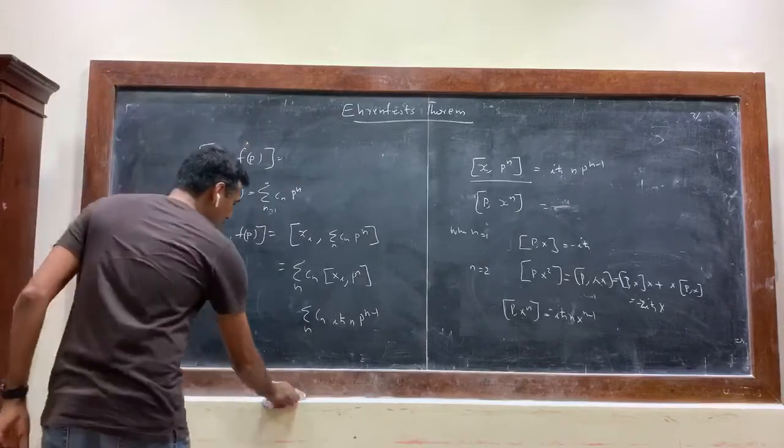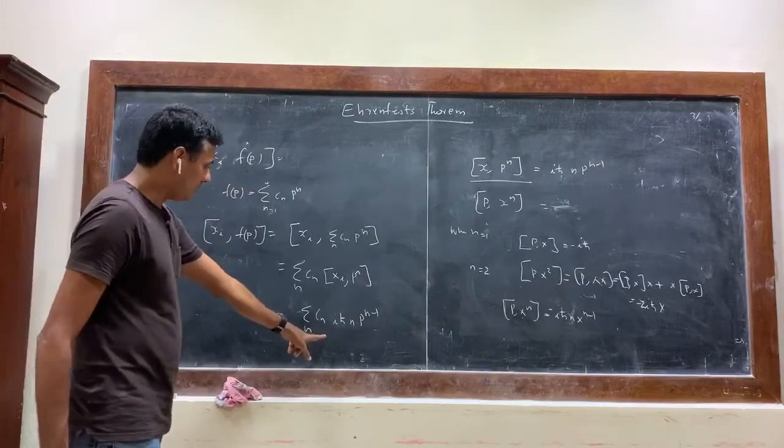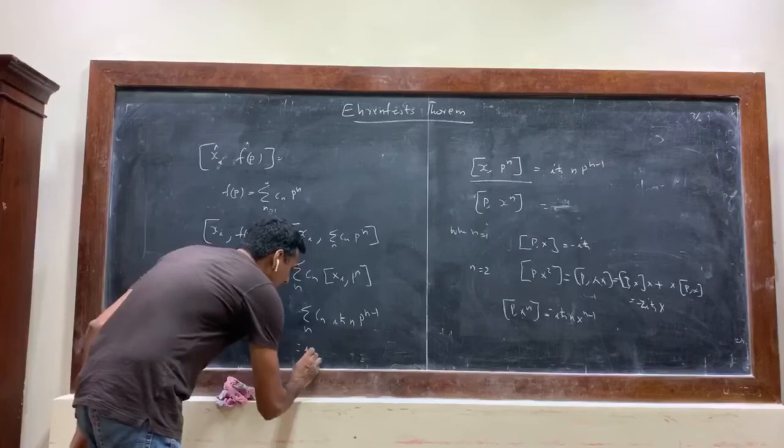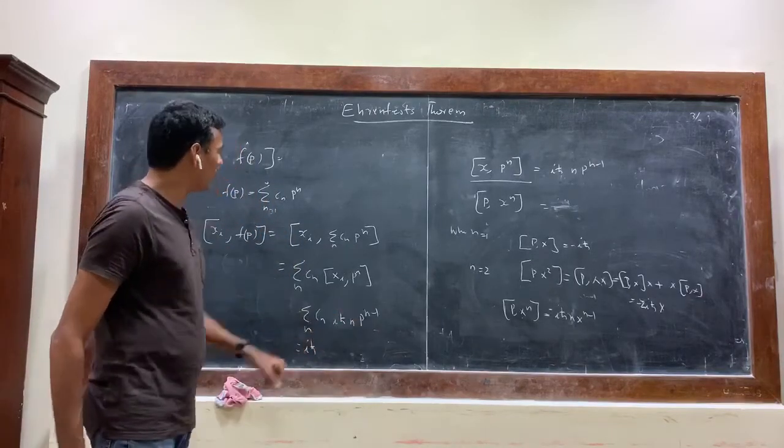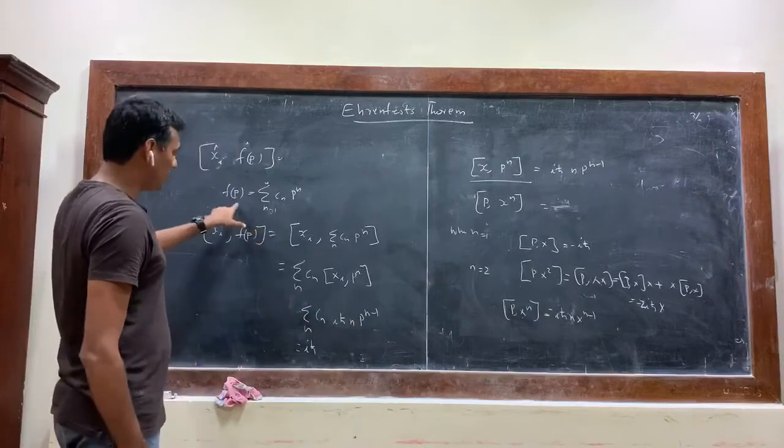So actually, what is this? This is equal to iħ comes out, then you will have summation over n c_n n p raised to n minus 1. And what is that actually? This is nothing but f dash of p.